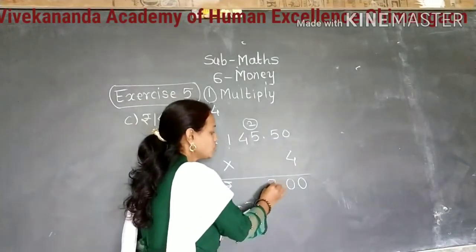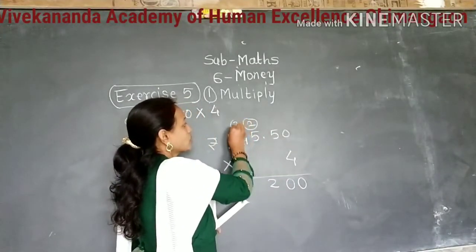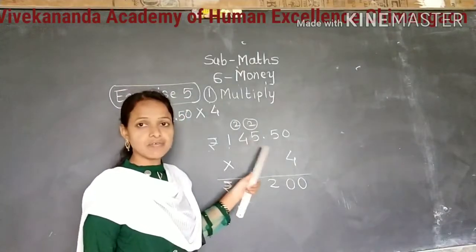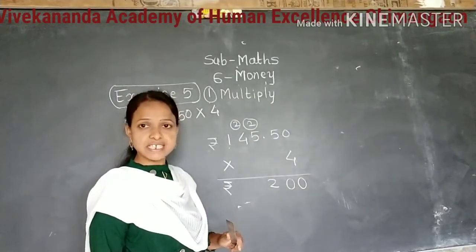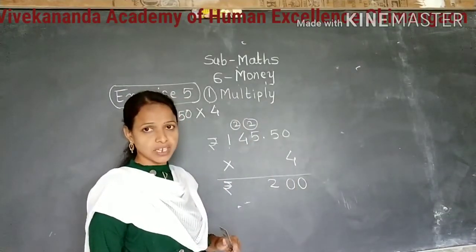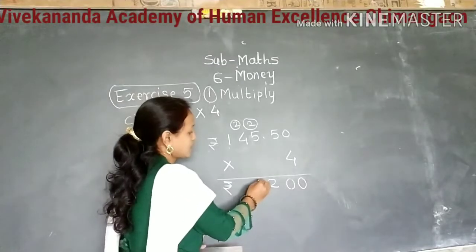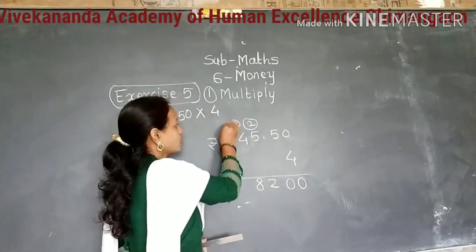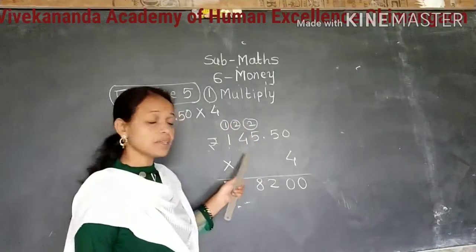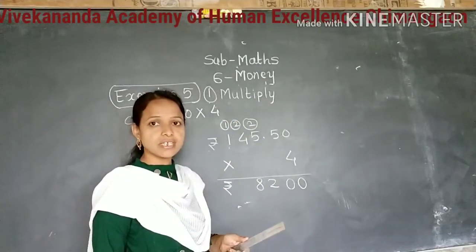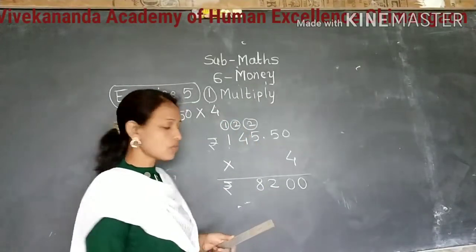So write here 2 and 2 carry. Then multiply 4 by 4. 4 4s are 16. 16 plus 2 carry over is 18. Write here 8 and 1 carry. Then multiply 1 by 4. 4 1s are 4 plus 1 carry over is 5.